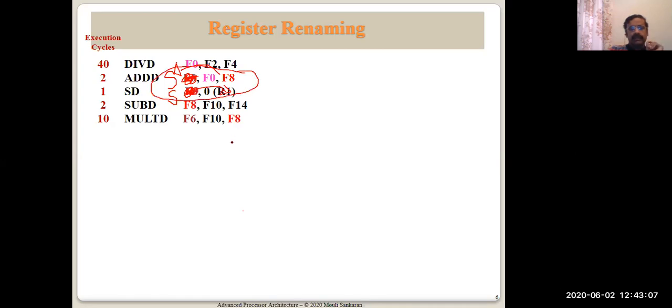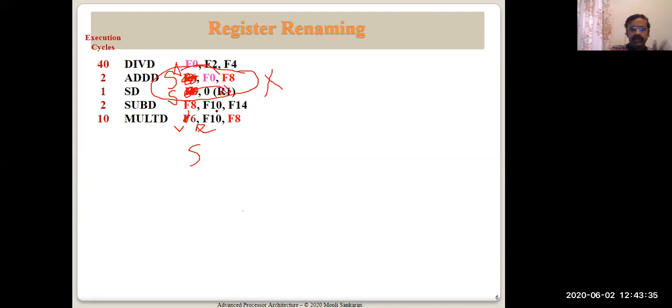And if you see this instruction, it is writing a new value into F6. So I can actually continue with F6 usage here, but do not use F6 in these two instructions. There may be some confusion created because I am mapping the F6 to S. That means this also should become S. You might think like that.